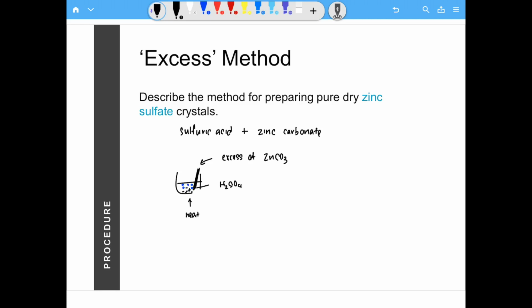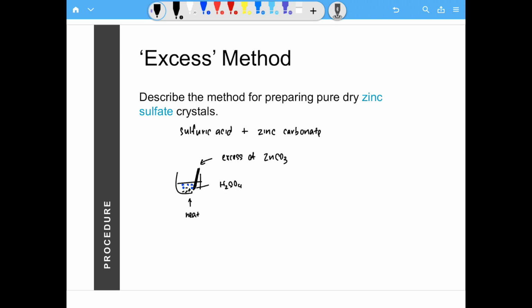Alright, so how do we know that we have added an excess of zinc carbonate? There are two indications. Number one, after stirring for a long time, and after there is no more effervescence, there is still some solid remaining.